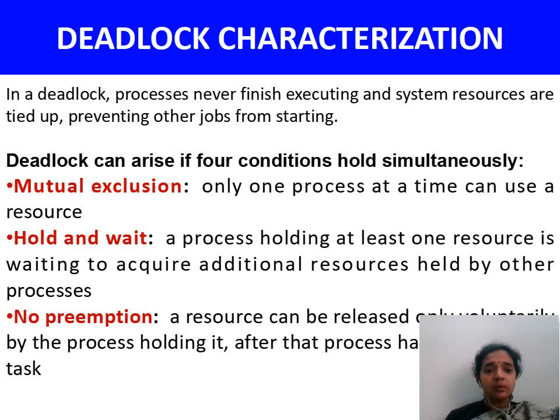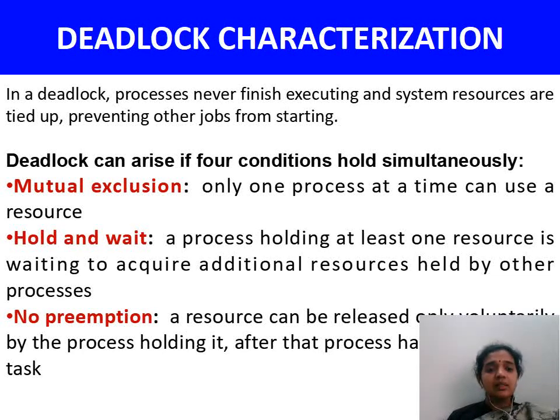The second one is hold and wait. Here a process is holding at least one resource and waiting for other resources. For example, process 1 is holding resource 1 and requesting resource 2, and process 2 is holding resource 2 and requesting resource 1.